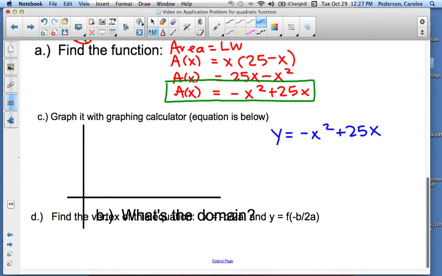I'm just going to save a little bit of time and enter it on my own calculator. Or you can use one of mine in class. So this is a quadratic function. So that means the shape of this graph should be a parabola. And our leading coefficient is negative, so that means our parabola is going to open down.